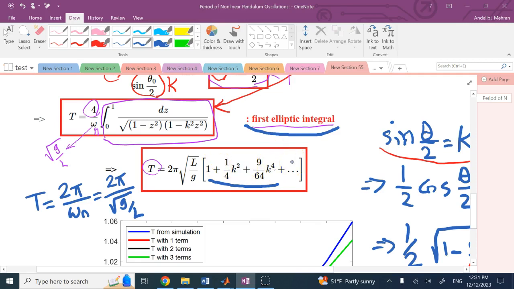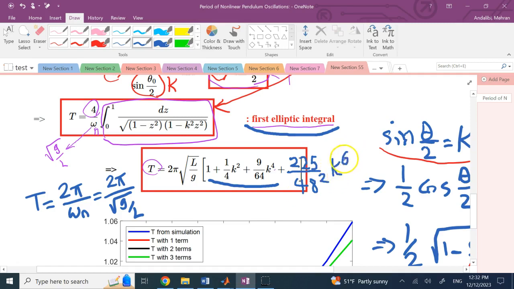So if you want the next term, it's basically 15 squared, or 225, divided by 48 squared, times k to the 6.